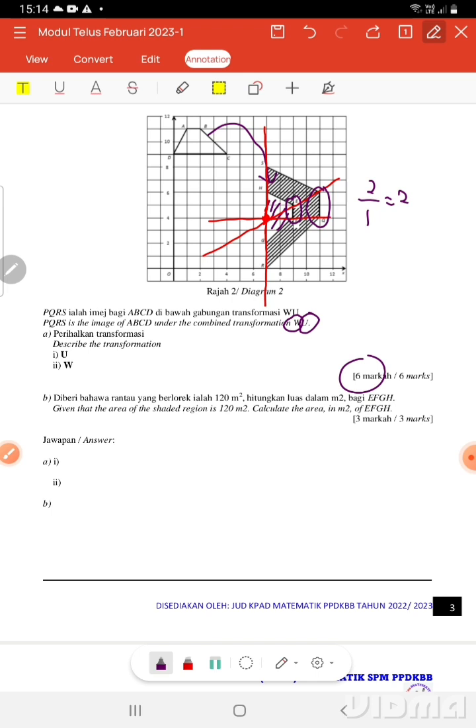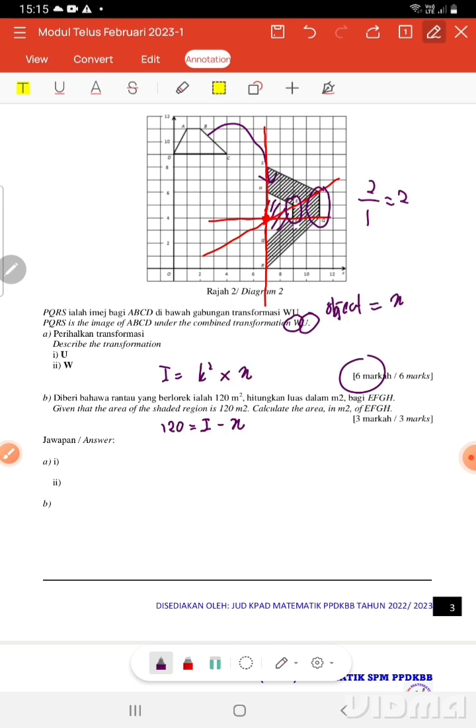Okay, so same here. We have the shaded region is 120. So 120 is equal to the area of the image minus the object. The object here, let me put S and X, to make it clear. So I minus X. And the formula given, we already know I is equal to K squared times X, which is the object here.